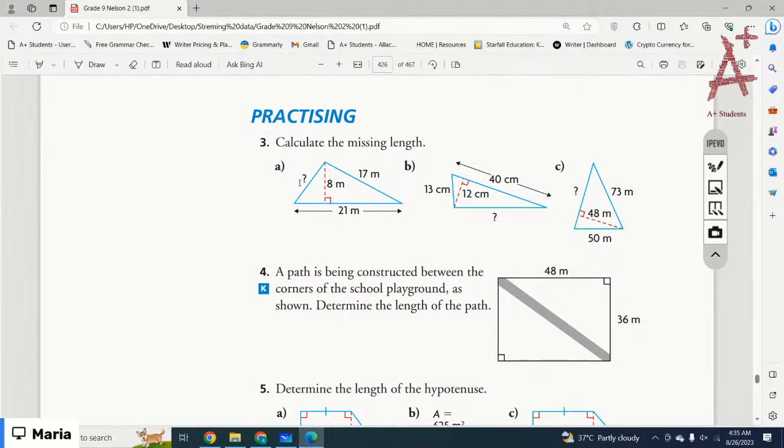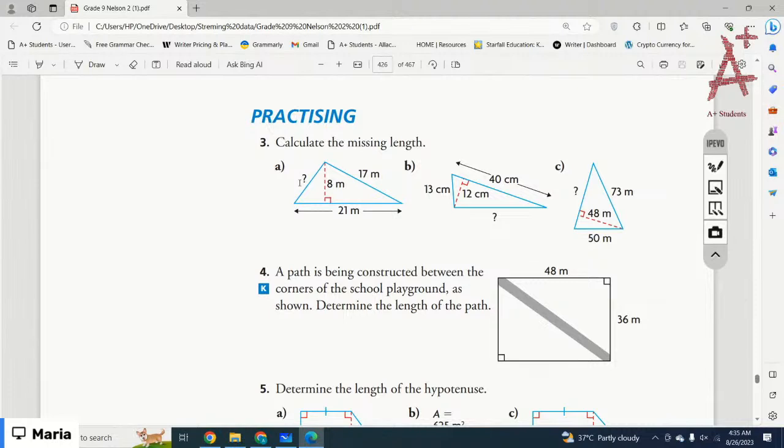Okay, left for the b part, what you have to do? You have to calculate the missing side for the b part, right?